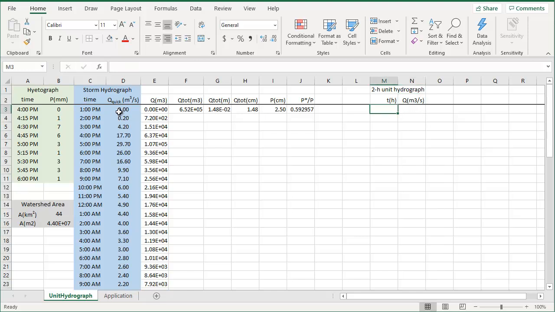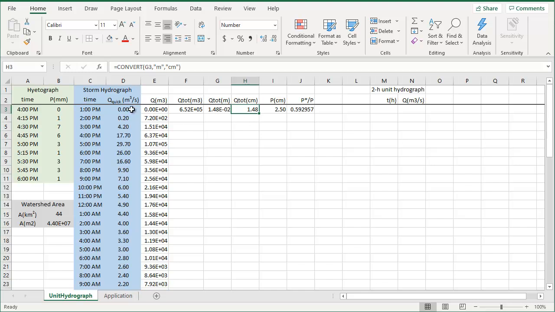Remember, that's going to look like my storm hydrograph, except I have to scale it by the actual amount of storm discharge depth that this storm produced. It produced 1.5 centimeters, 1.48 centimeters. The unit hydrograph should only produce 1. That's the definition of the unit hydrograph.